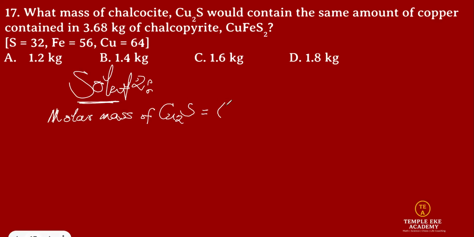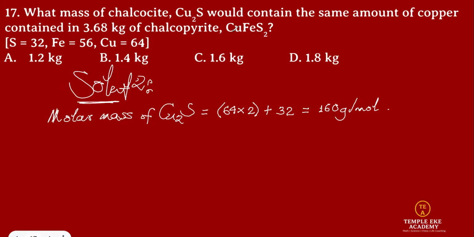Copper is 64. And now because there are 2 atoms of copper, we'll multiply by 2. Plus relative atomic mass of sulfur, and that is 32. And let's compute this. 64 multiplied by 2 gives us 128. 128 plus 32 gives us 160 gram per mole, the unit of molar mass. This means 1 mole of this compound, Cu2S, has a mass of 160 grams.